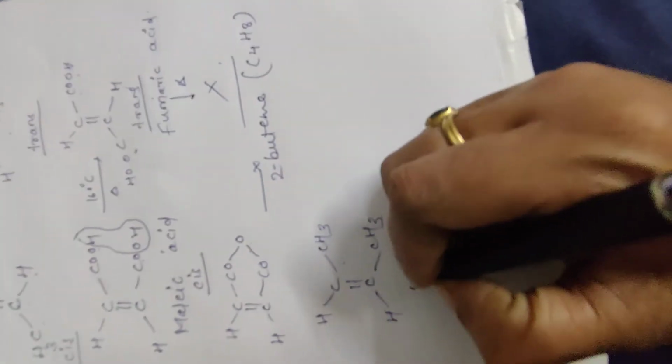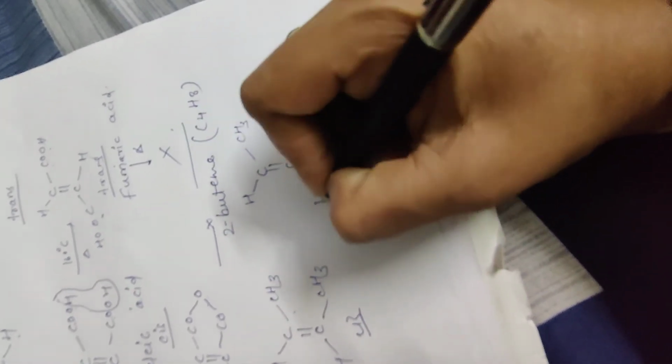So this is a cis compound, and when the similar groups are in the opposite direction, we call it a trans compound. So this is cis 2-butene and this one is trans 2-butene. Now again, due to the difference in structure, the physical as well as chemical properties of these two compounds also differ.